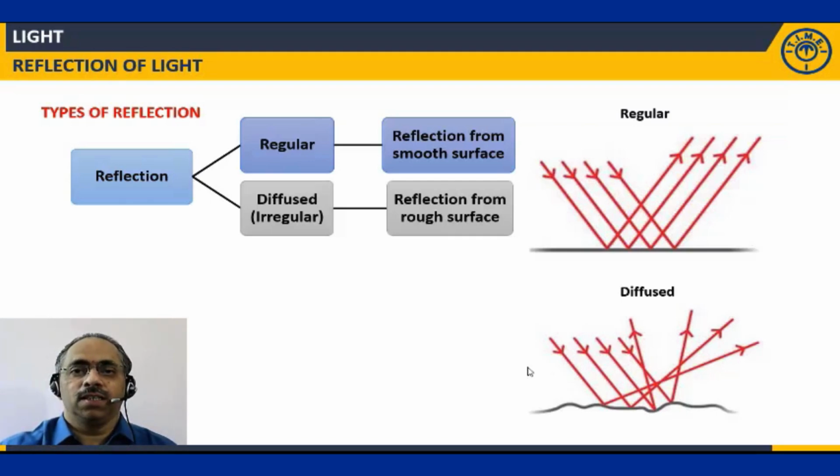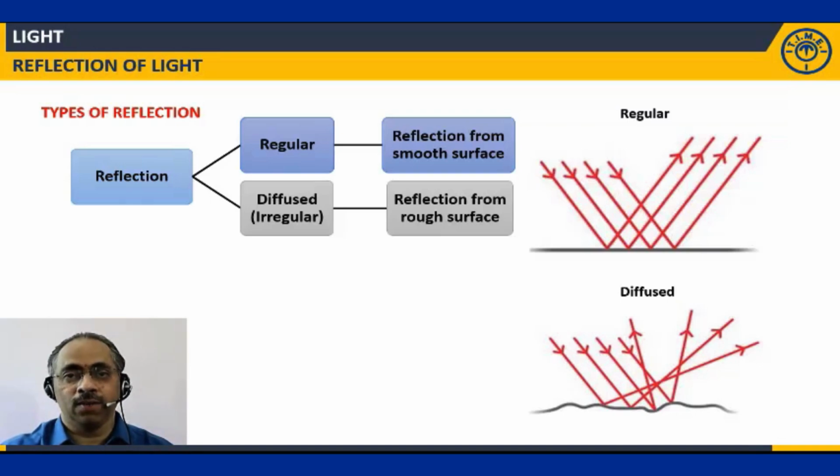So we can define regular reflection like this: if a parallel incident beam of light is reflected as a parallel beam of light, then that reflection is known as regular reflection.